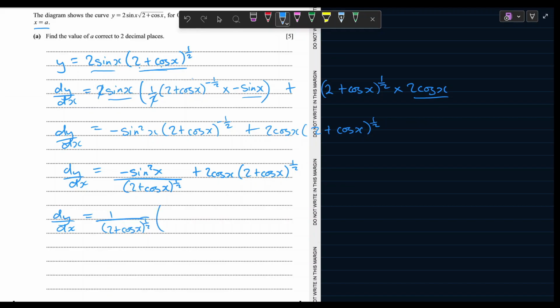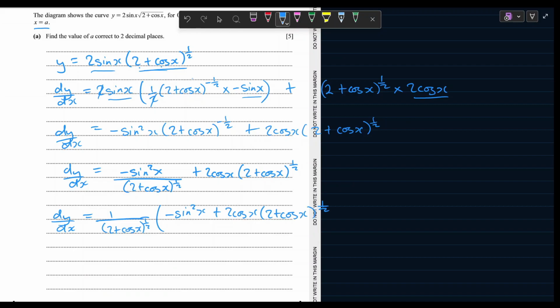And this is being multiplied by, the first term becomes negative sine squared x. And then here we've got plus 2 cos x, so that's times our (2 plus cos x) to the half.